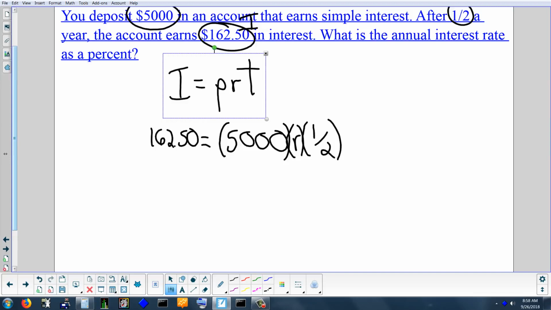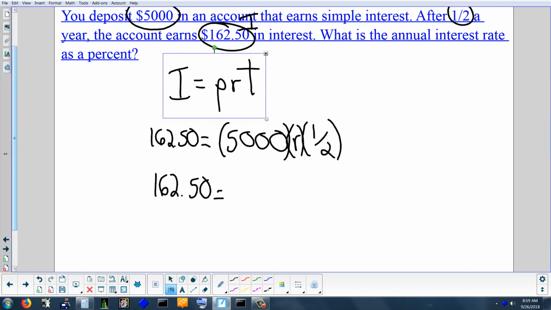On this left-hand side, the 162.50, nothing's going to happen yet. There's nothing I can do. On that right-hand side, there is something I can do. What can I do on the right-hand side?